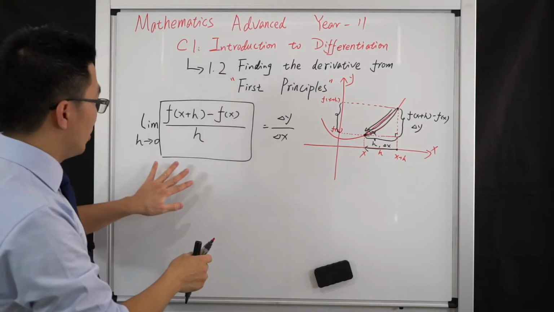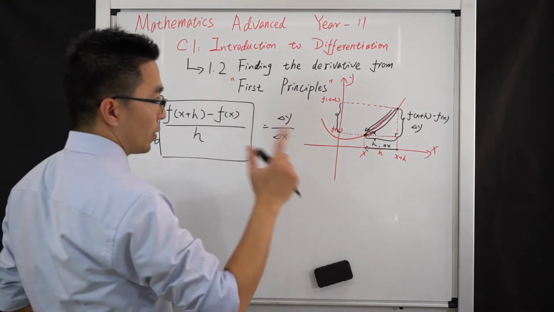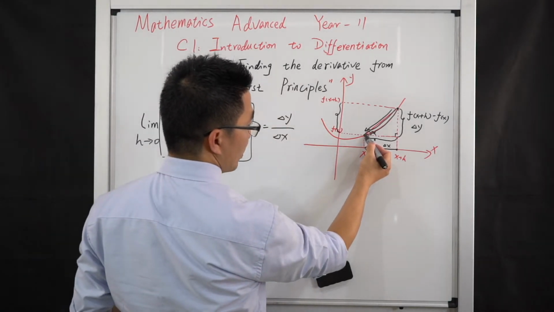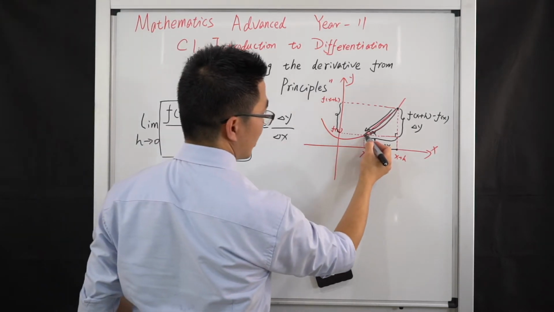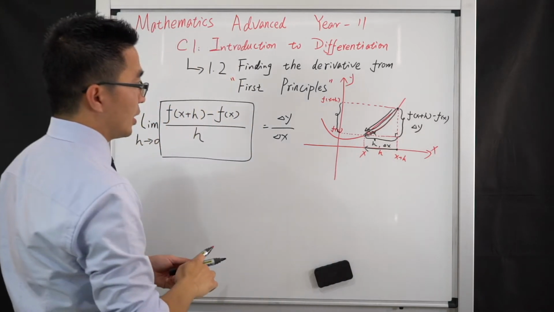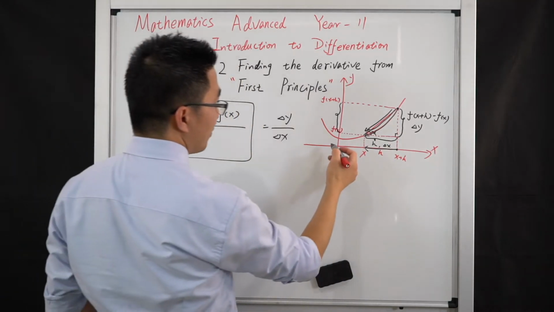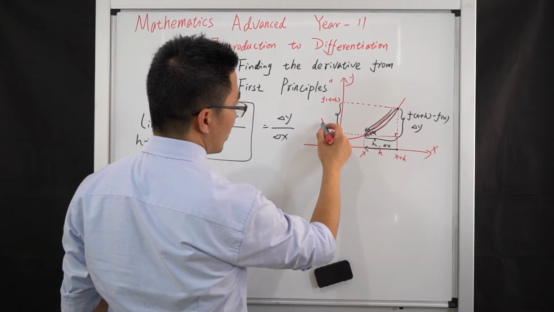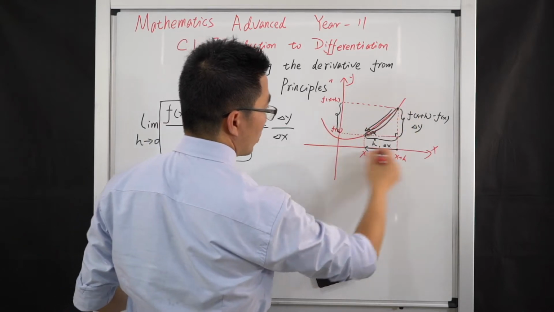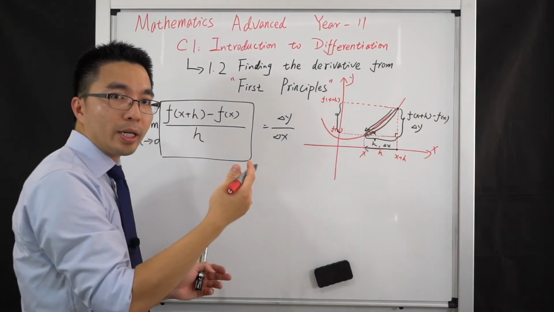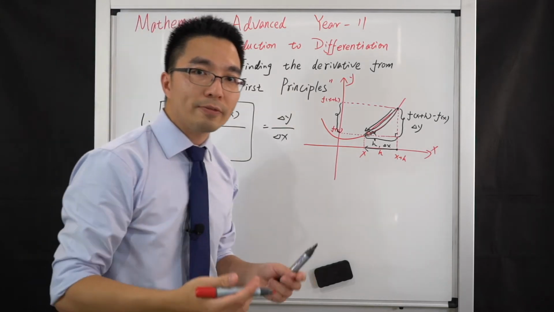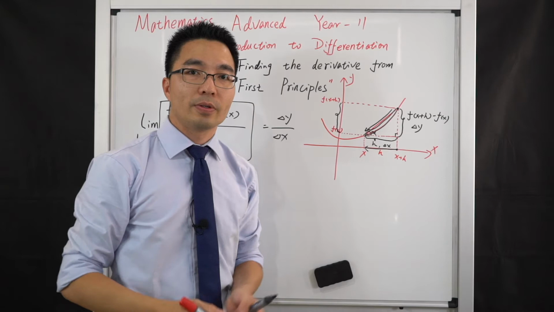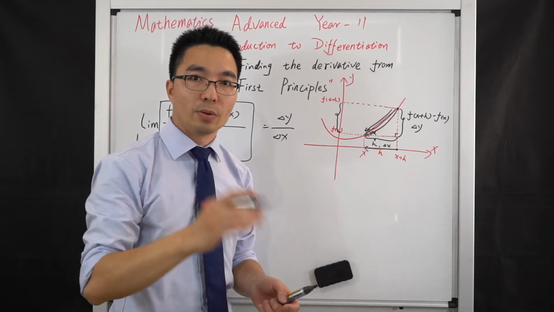So the limit of this ratio would be the gradient of this point on the curve. So it would be one point only. Then, if we can find all the gradients of the curve for all the values of x, then we can get a gradient function of the original function. We call this gradient function the derivative or a differentiation function of the original function.